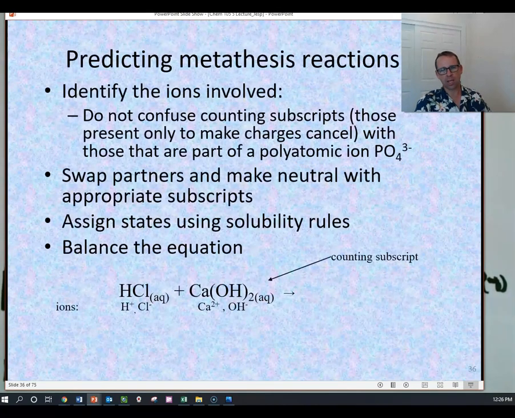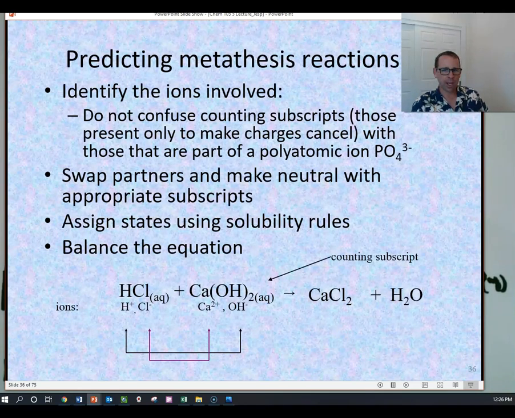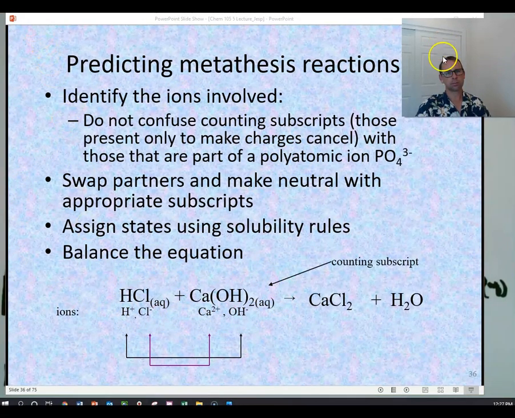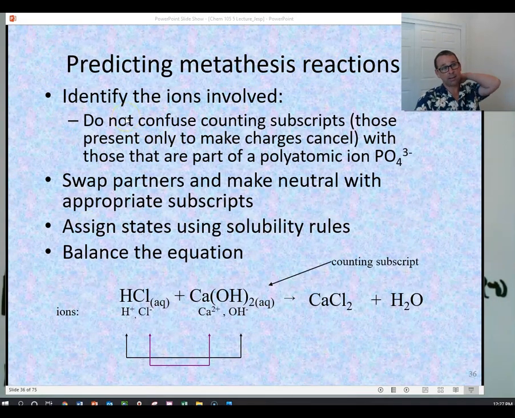So what we can do then is, if we're given a chemical reaction, just reactants, for example, we can predict whether or not a reaction will actually occur by looking and seeing if the combination of these reactants will either form a solid or create water from an acid-base reaction.